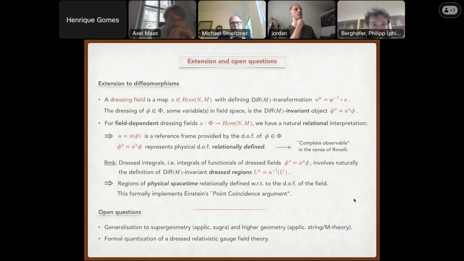Not only are degrees of freedom defined with respect to one another, they also evolve with respect to one another. There is no absolute background structure, independent and non-relational, with respect to which you coordinatize everything else, degrees of freedom and their dynamics.